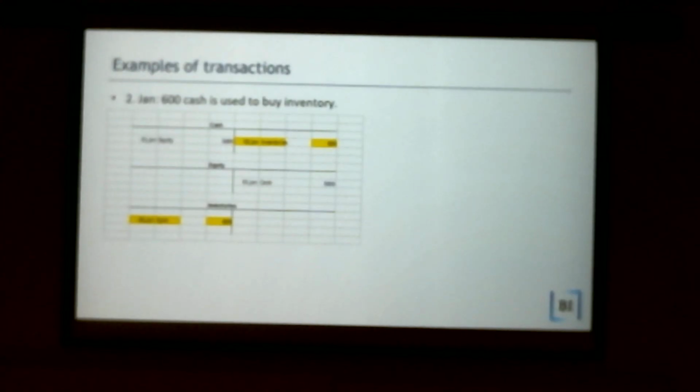Then, second transaction, also something you have seen before and you should be able to deal with. Inventory is bought. It says it's bought with cash. So you know, this is basically just an asset swap. Cash goes down, inventories go up.